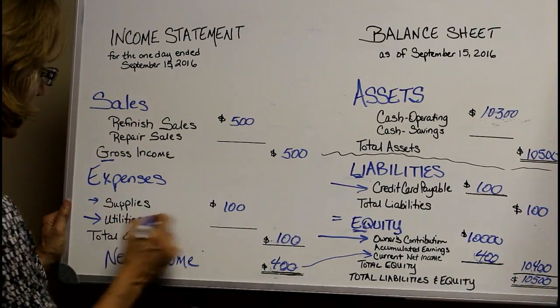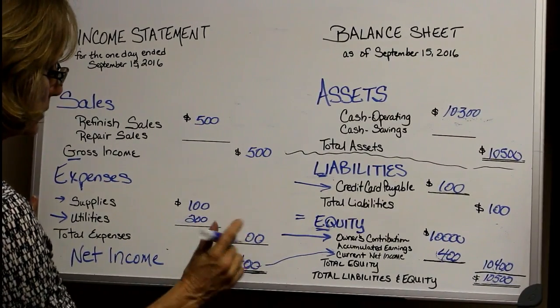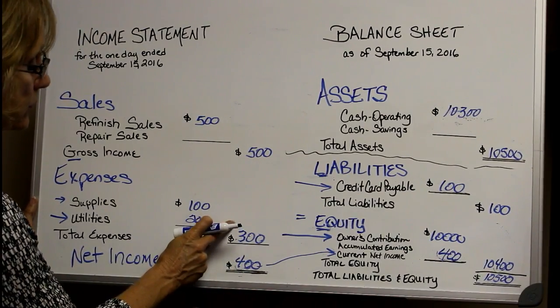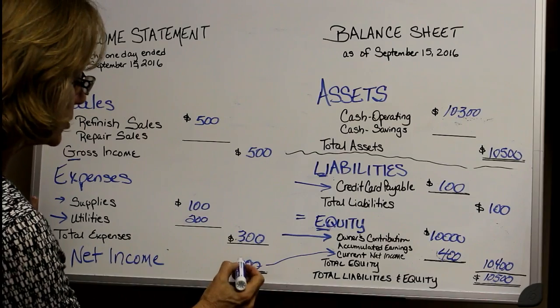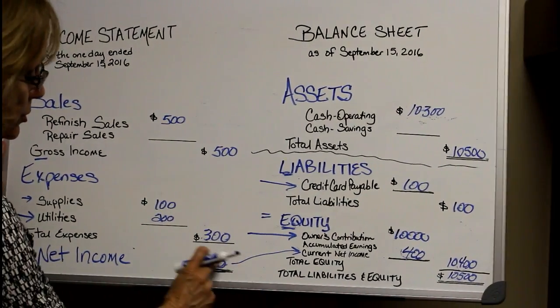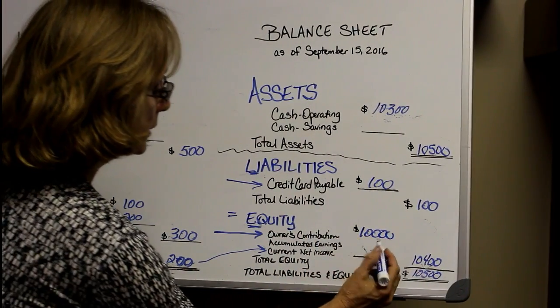So we're going to book $200 as a utility expense. Now his total expenses are $300. $500 gross minus the $300 expense equals a $200 net income. Now he's down to just a $200 net income that's going to flow through to the balance sheet right here.